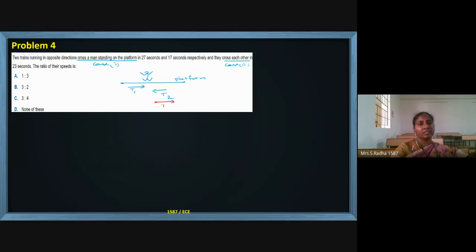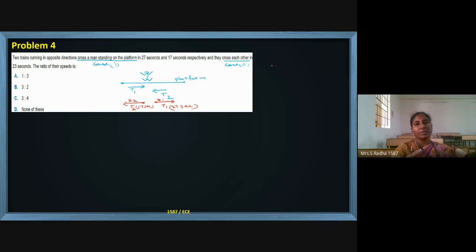Let me assume train 1 is crossing the man on the platform in 27 seconds. And train 2, the tail has come ahead of the man. It is crossing in 17 seconds. Now, let the speed of train 1 be S1 and the speed of train 2 be S2.